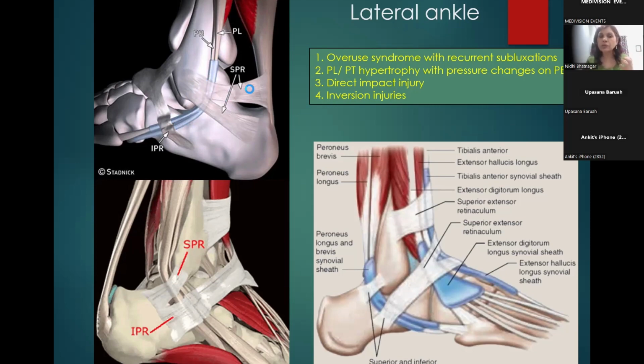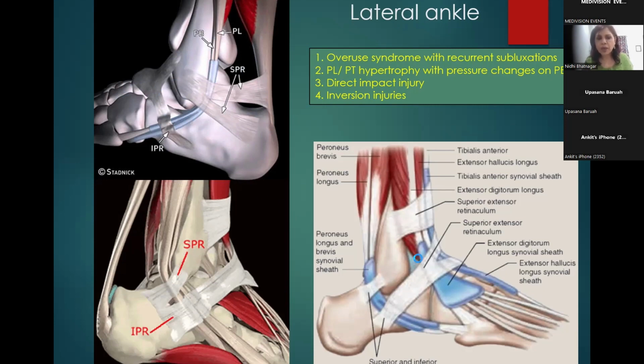It's just a condensation of the aponeurosis and the fascia. It has two limbs, a superior limb and an inferior limb. The superior limb blends with the tendo Achilles, and the inferior limb attaches to the calcaneus. The more important part is that this becomes the most strengthening and supporting agent for both the tendons.